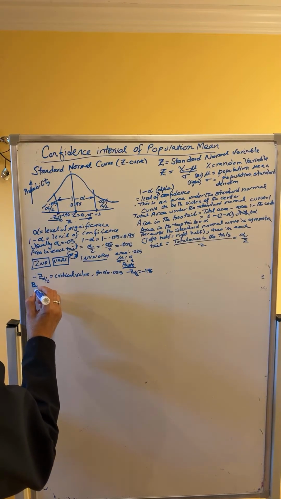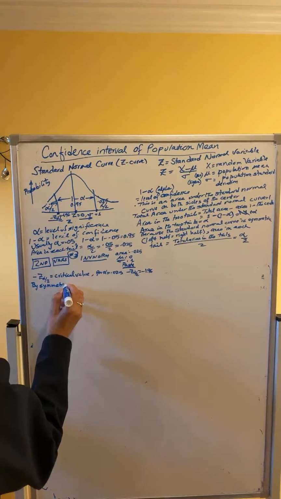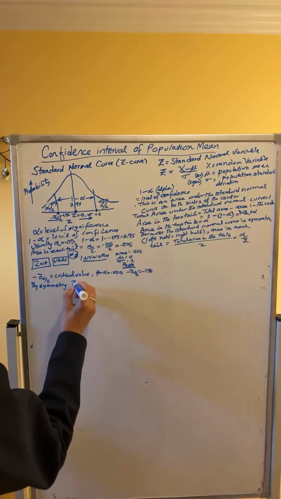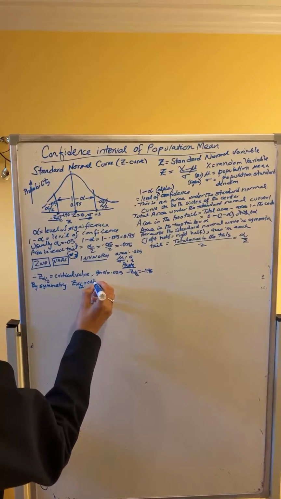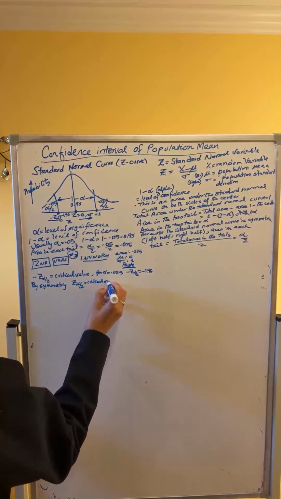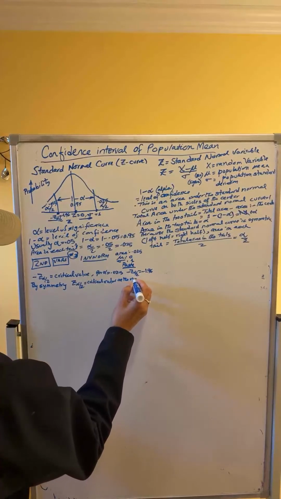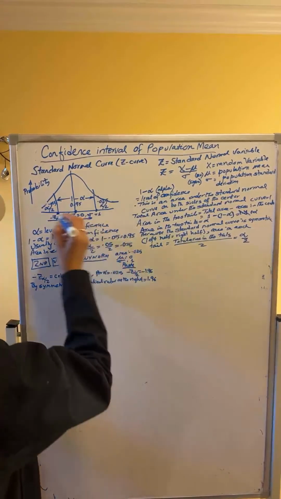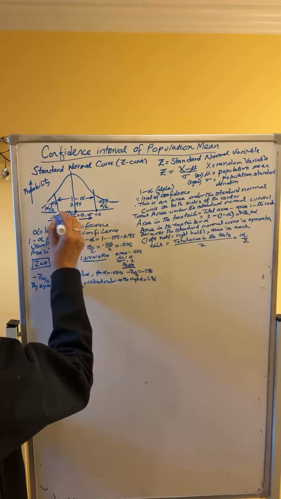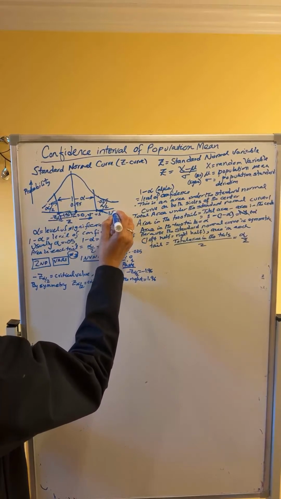By symmetry, because the left half is equal to the right half, positive z alpha by 2 is the critical value on the right. On the right is the same value with a positive sign. So this is minus 1.96 and this is positive 1.96.